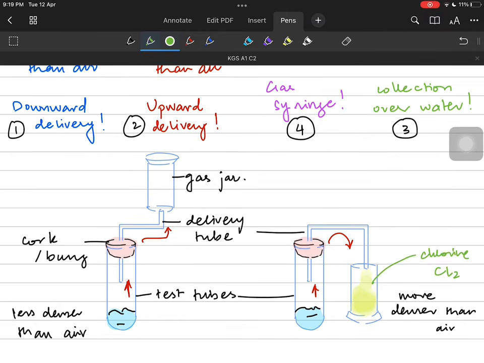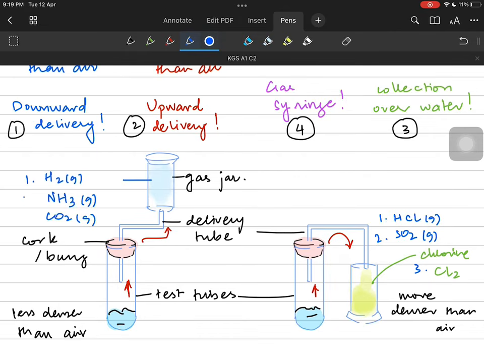So chlorine, hydrogen chloride gas, sulfur dioxide gas, these gases have a higher density compared to air, so they're collected with the downward delivery method, where they are collected in a gas jar in a downward direction. If your gases are lighter, like ammonia, hydrogen, they're collected in the upward direction with an inverted gas jar. So hydrogen, oxygen, ammonia, they're collected by the upward delivery, which is drawn on the left of the screen.